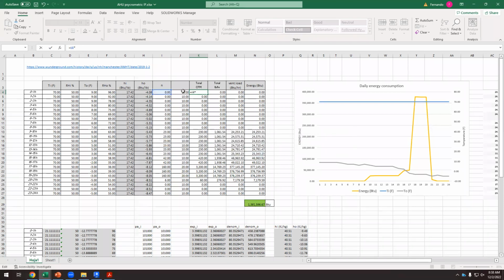This column times this. And now we are referring to this, the CFM per person, and here we have the total CFM.